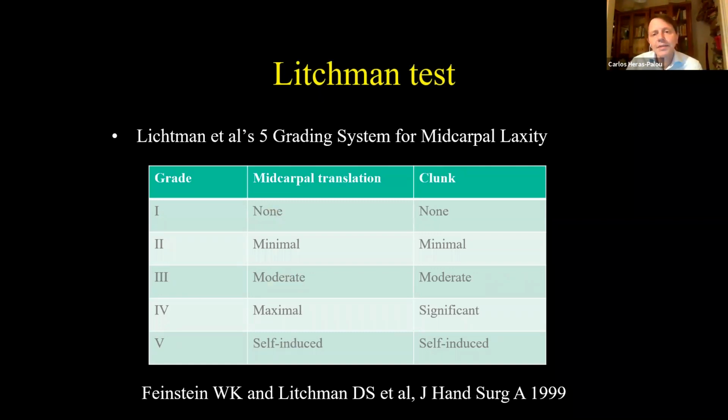So if you do that, take the wrist with downward pressure and nothing happens, that's a grade 1. If you get a minimal click, that's a 2. A click that you can sort of hear is a 3. A very big clunk, or the wrist stays subluxated palmarly should you push it back or the patient contract the muscle, that would be 4.